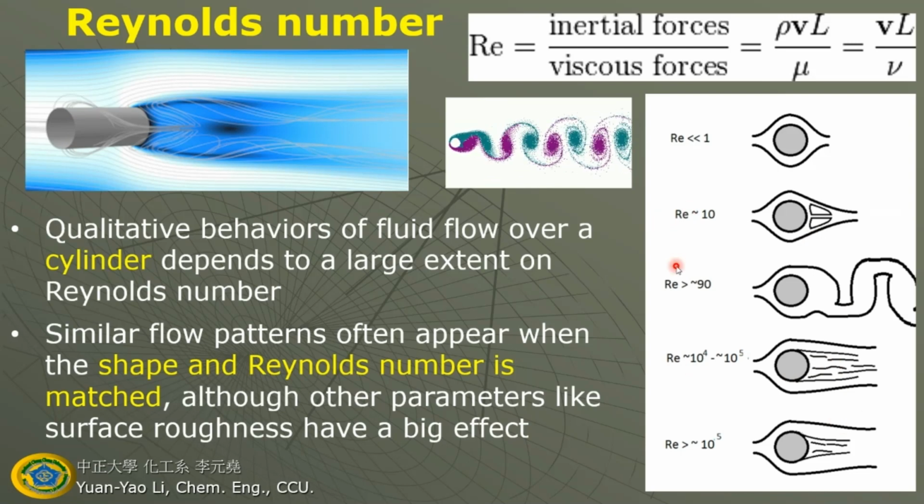So you don't need to remember this, because this can be a cylinder, it can be a ball, a sphere, or it can be a tube. It really depends on different shapes, so you will get different definitions of the Reynolds number.